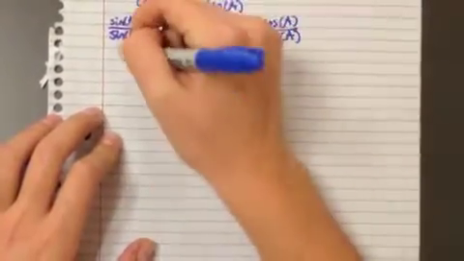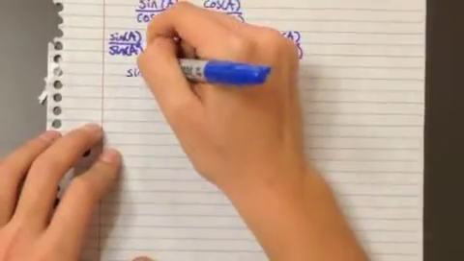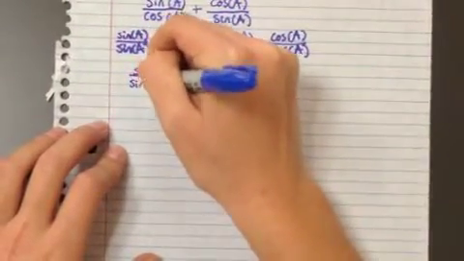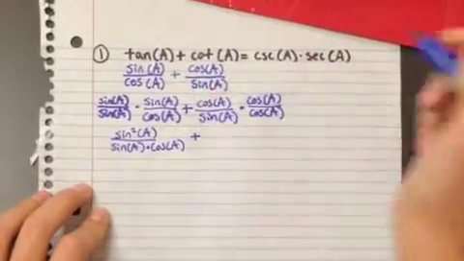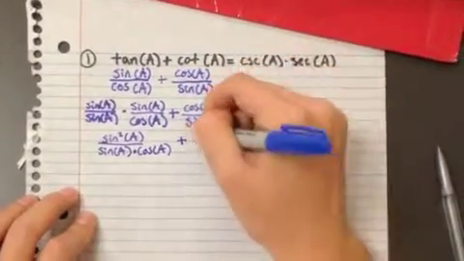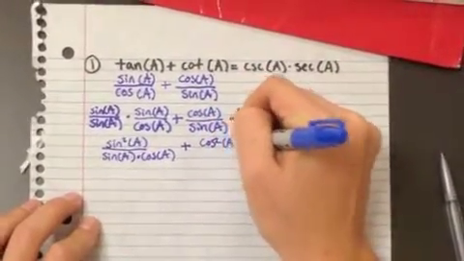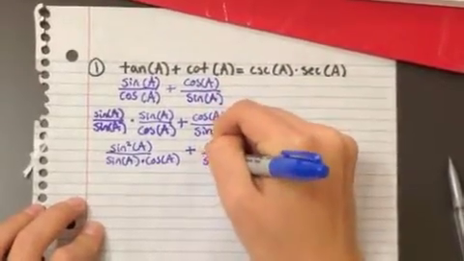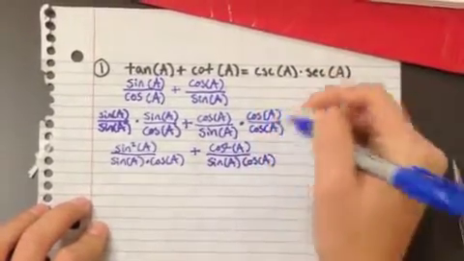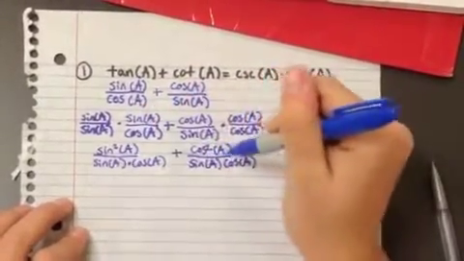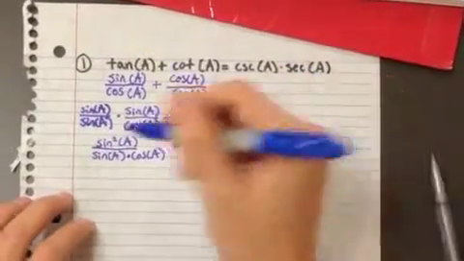So now we can simplify this part. Sine of A times sine of A is sine squared of A over sine of A times cosine of A. And cosine of A times cosine of A is cosine squared of A over sine of A times cosine of A. And now that we have these two fractions with common denominators, we can combine them.